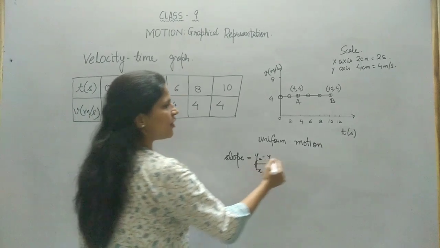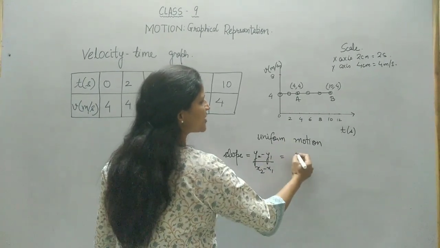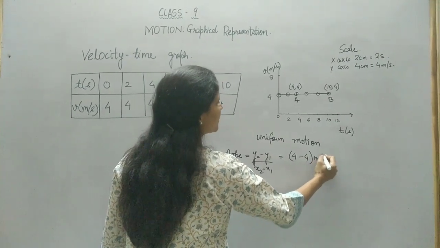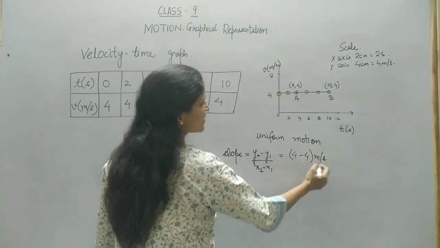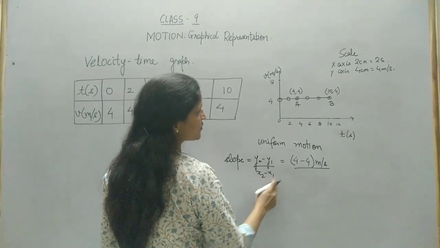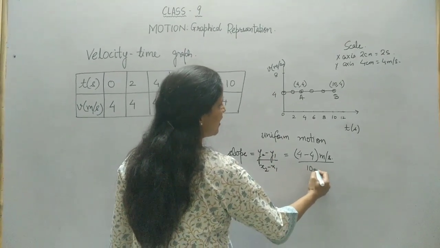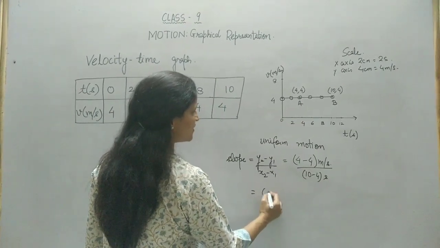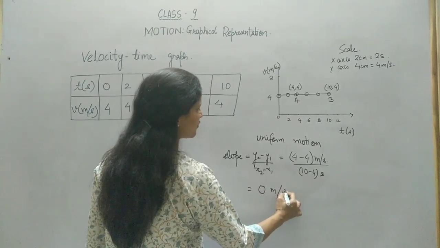Putting the values in the formula, y2 is 4, y1 is also 4, and the unit is meter per second on the y-axis, and x2 and x1 have values 10 and 4, and these values are in seconds. So we get 0 meter per second square.